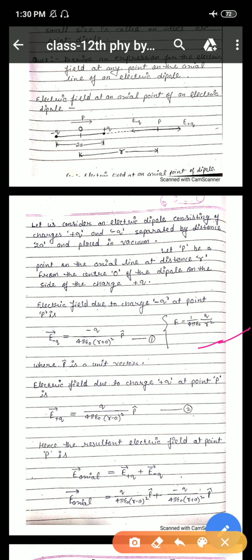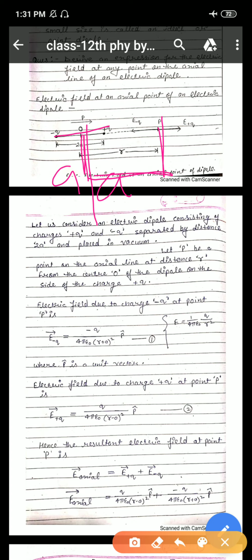See, this one is the origin, this one is the r, but here a. Because, just wait, see, this distance is 2a, then this is a, this is a, this is a, and this is P. From the origin, this is r.